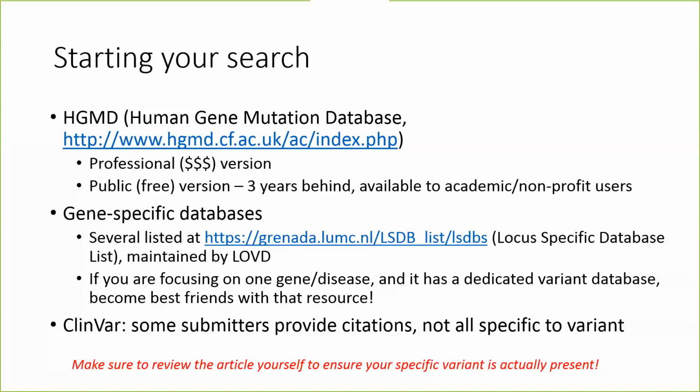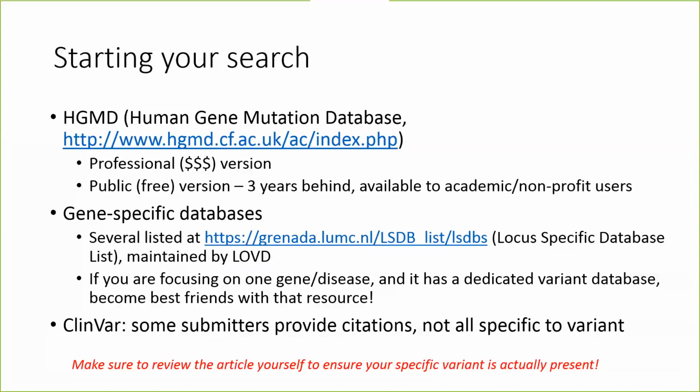So I think it's really important to actually review the article itself to make sure that it's talking about your specific variant. Particularly in ClinVar, some submitters link to articles for a particular missense variant that does not contain your variant of interest, but contains maybe another missense variant at the same residue, or the same variant caused by a different cDNA change, for which different ACMG criteria have been applied for the purposes of working up the variant.